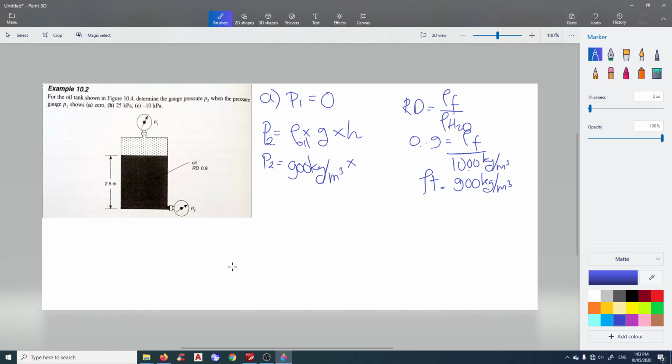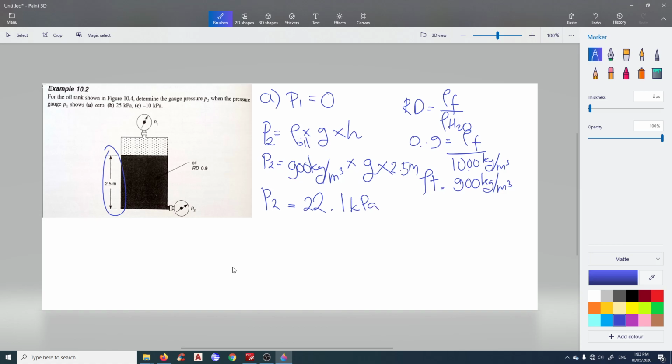Multiplied by constant gravity, 9.81 meter per second square, multiplied by the height. So the height here is 2.5 meter. So P2 is 22.1 kPa.